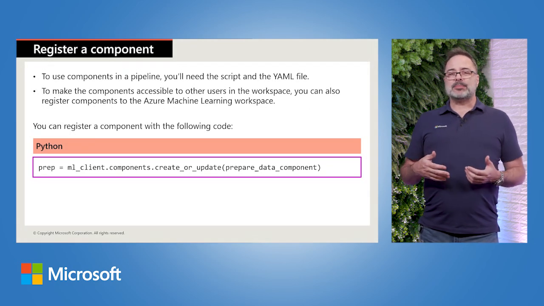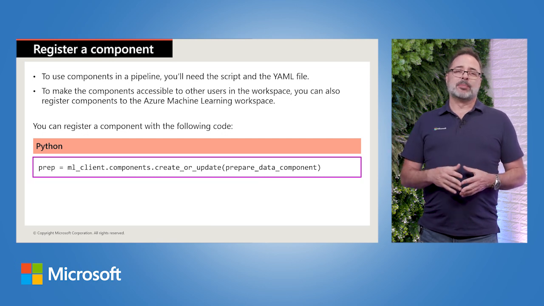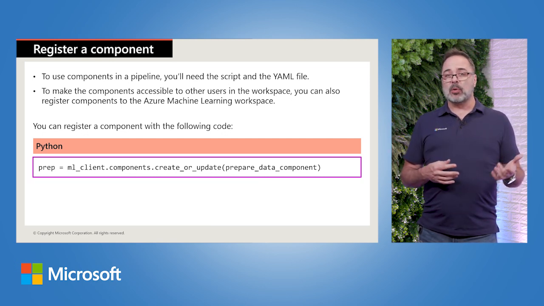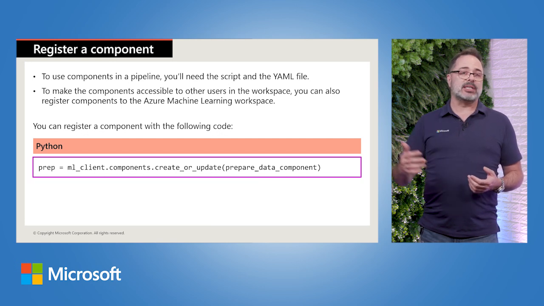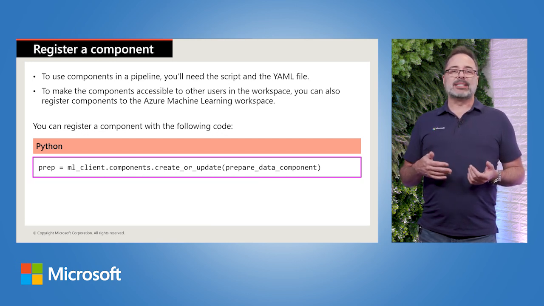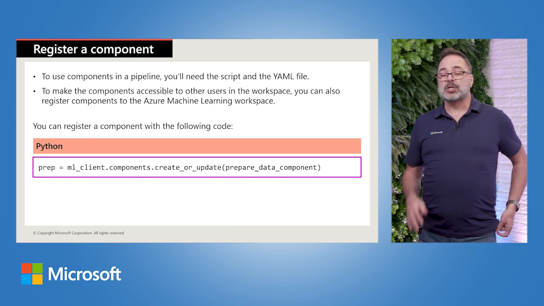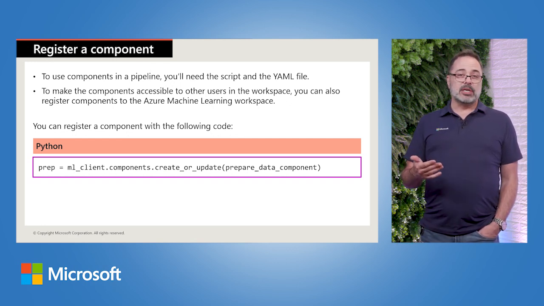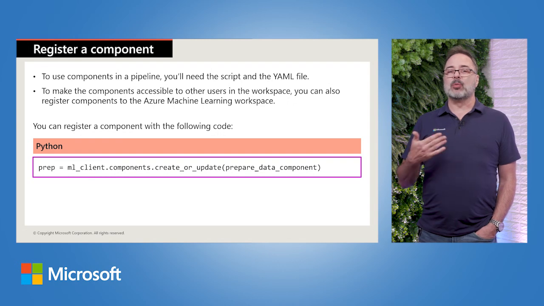Once we build the component, we'll need to register it in the machine learning service. We can use the Studio interface, or we can register the component using the Python SDK by using the create or update method on the components class, which is what you see an example of on the slide here. Once the component is registered, we can start using it within a pipeline.